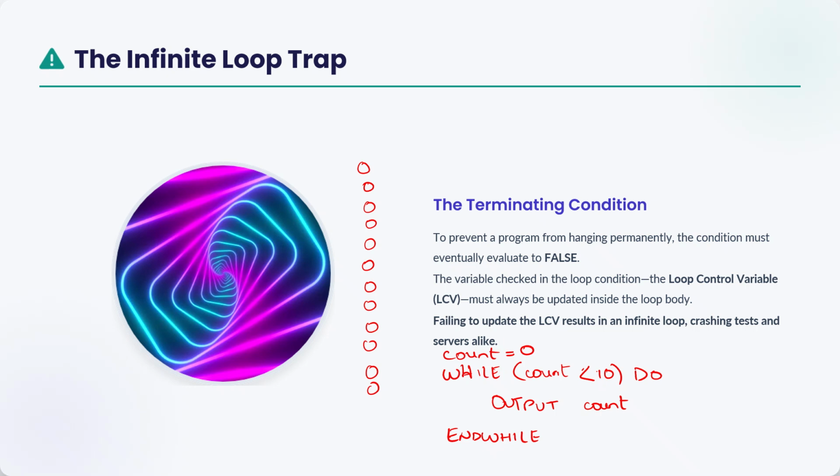And once this is false, then only it will come out of the loop and terminate. That is why we have introduced the statement count is count plus 1 within the loop, so that every time it gets incremented, and eventually there will be a time when the value of count will be such that this true condition would be termed as false, and then it will be easier for this program to be terminated.